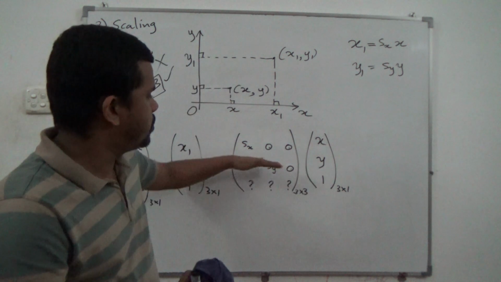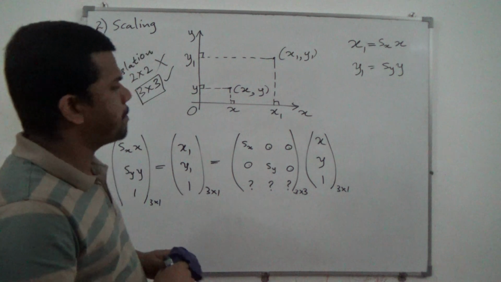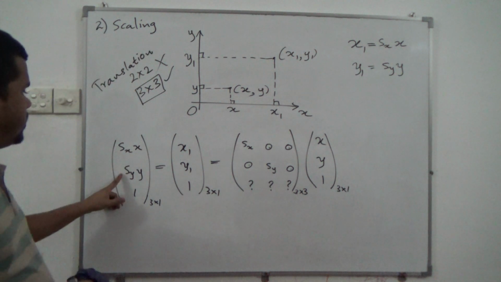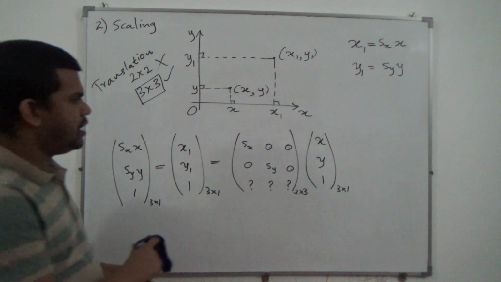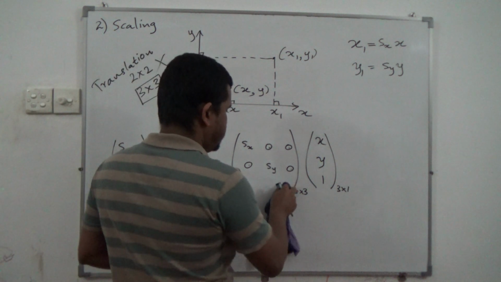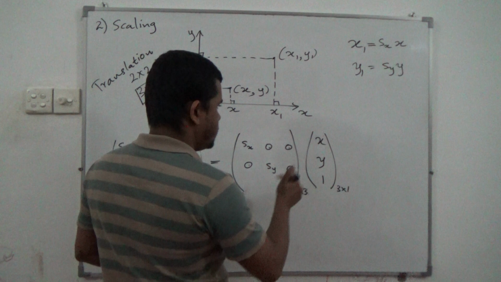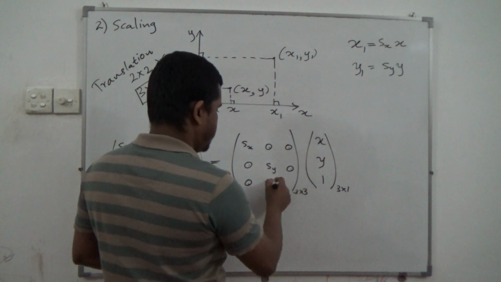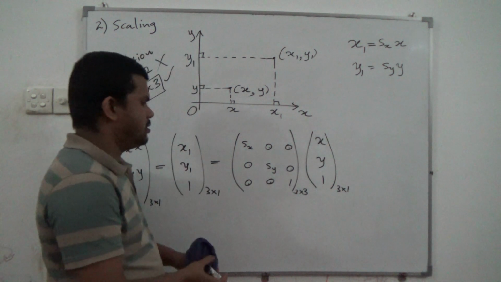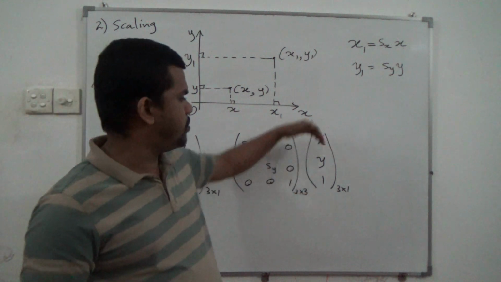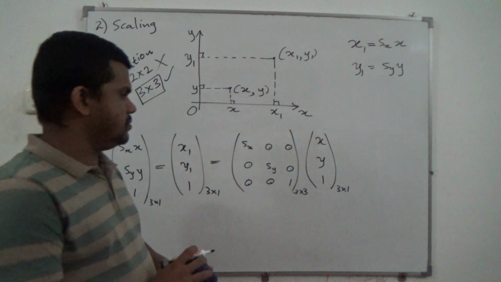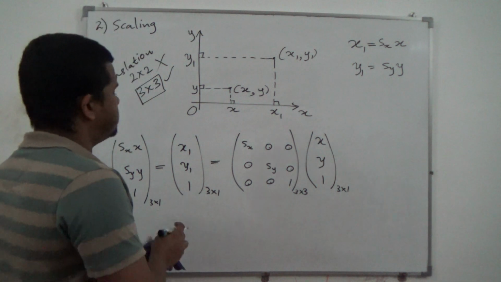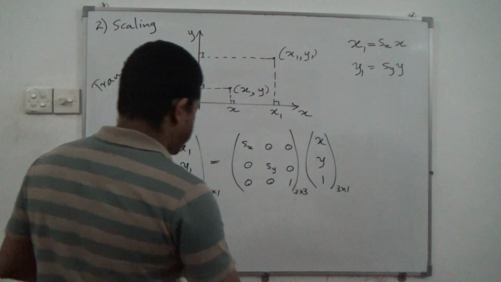Now this row by this column, you get this. Now finally you must get 1. Therefore here we have to put no x terms, no y terms, but 1. So if we multiply this row by this column, you get 1.